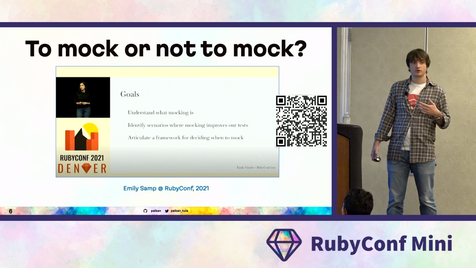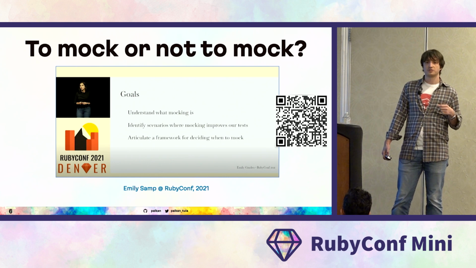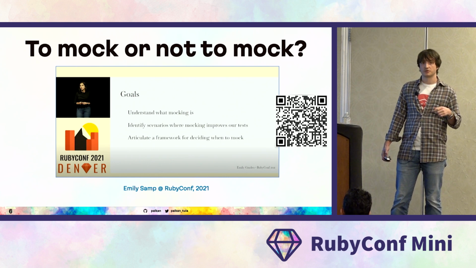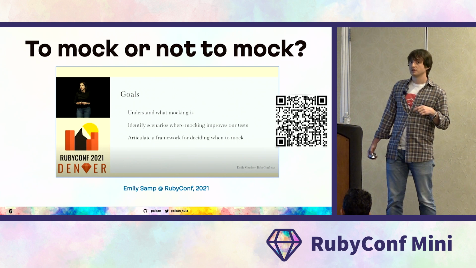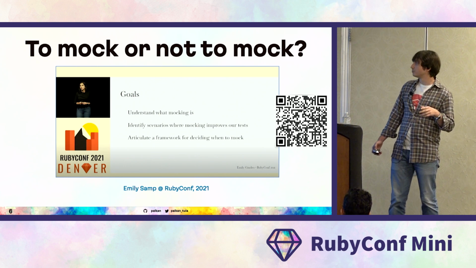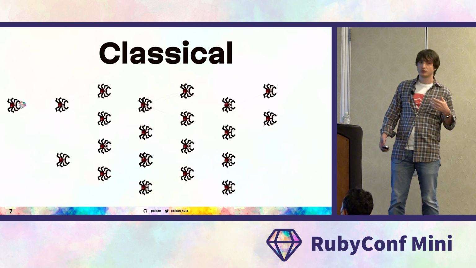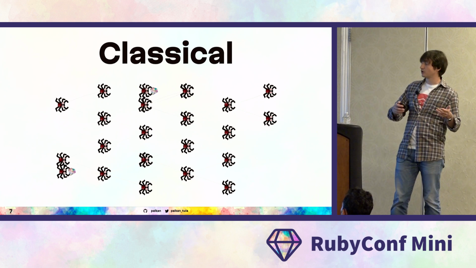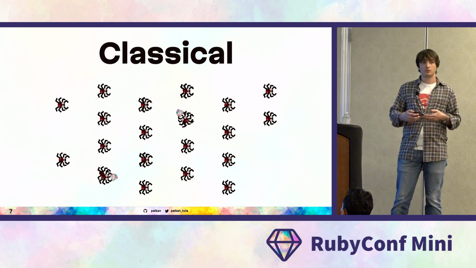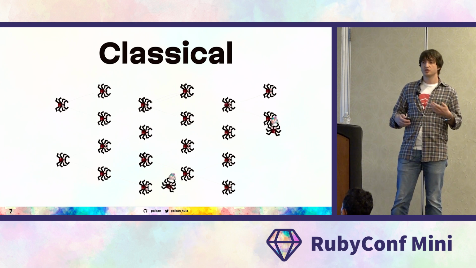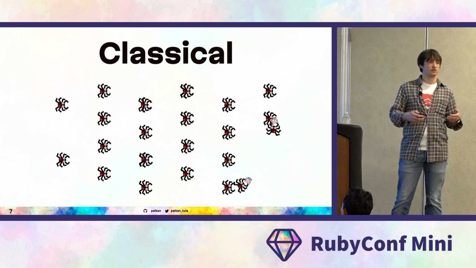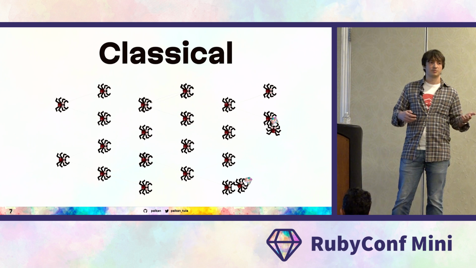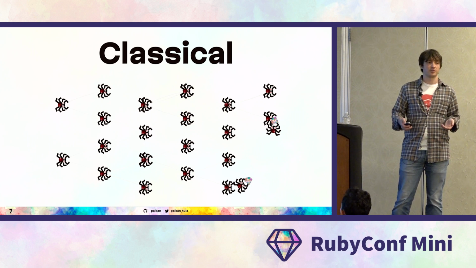And for today, I want to focus only on one but important difference between these two styles. This difference is based on the way code execution paths are happening within the code base. So when you use a classical approach, every object is real, and code execution paths in your test environment are the same as in your production, as in your running application.